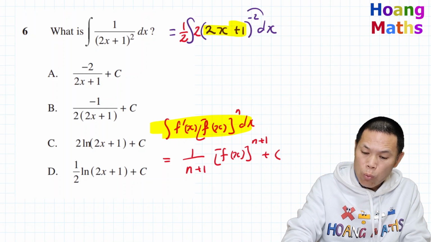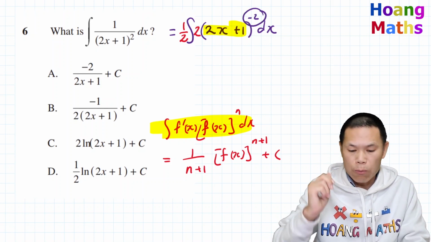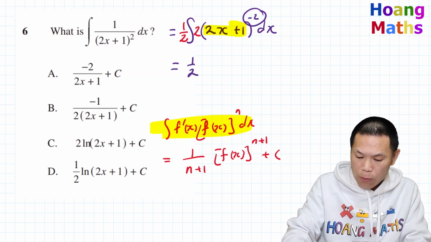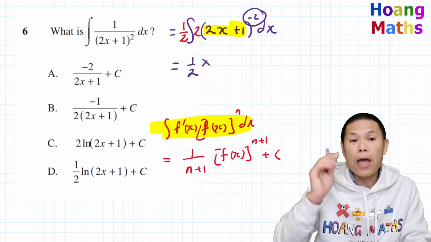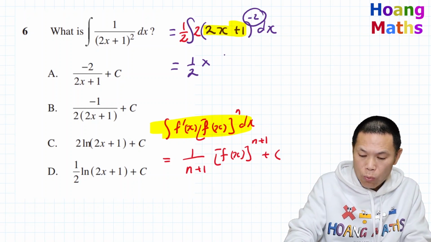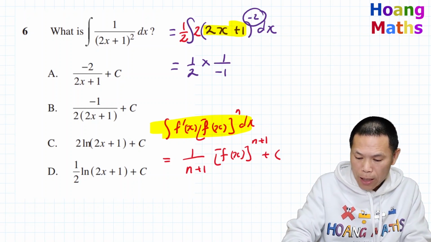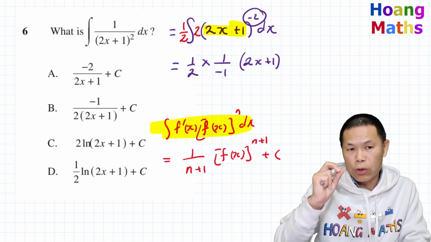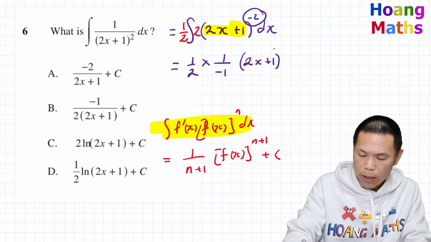Now we just apply the rule. So we add 1 to the power, which gives me negative 1. Let me write this down. It becomes a half first, times 1 over n plus 1. Negative 2 plus 1 is negative 1, so 1 divided by negative 1. Then we have f of x, which is 2x plus 1, to the power of n plus 1, so negative 2 plus 1 is negative 1.